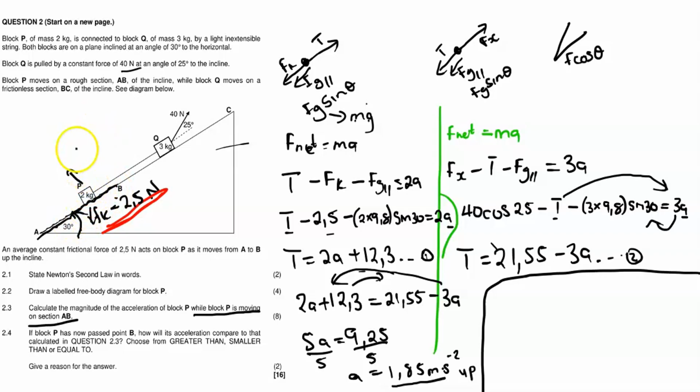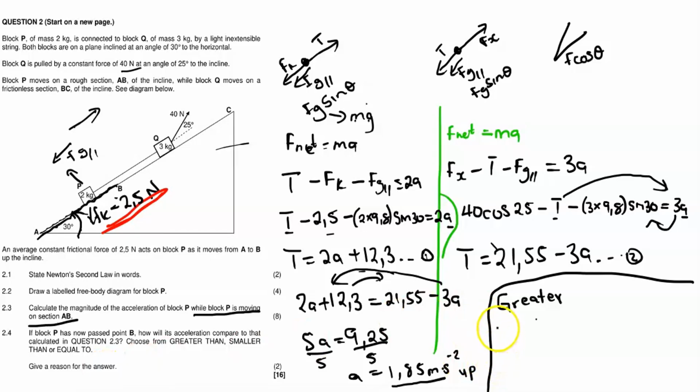So now for this block we'll have the tension and the Fg parallel. We no longer have this other force, the Fk. So obviously we know the acceleration is going to increase, so the acceleration is going to be greater than, since now we'll be experiencing a greater force upwards than this one that was opposing the motion.